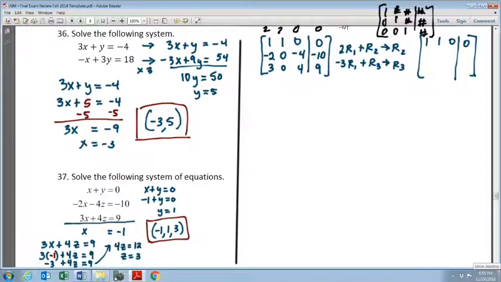So we're going to add this 2 and -2 to get 0 here. We'll add this 2 with this 0 here to get 2. We'll add 0 with negative 4 to get negative 4, and 0 with negative 10 to get negative 10. And so that's row 1 multiplied by 2, added to row 2, and that's our new row 2.